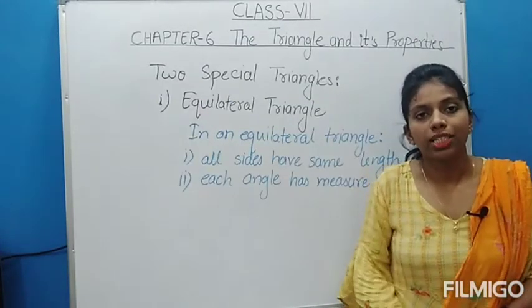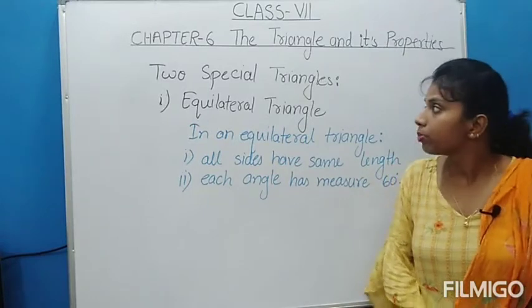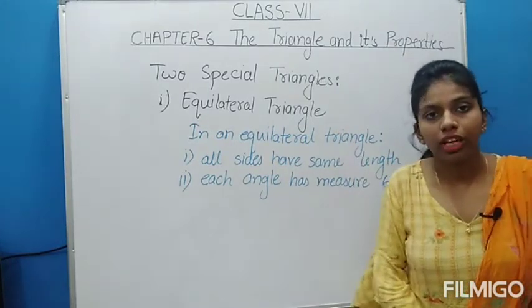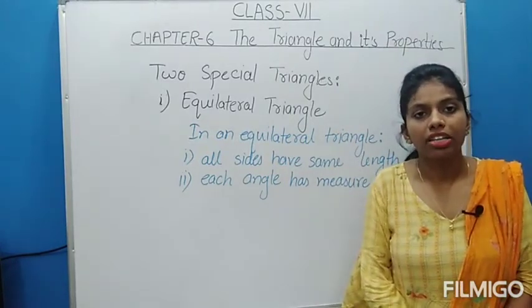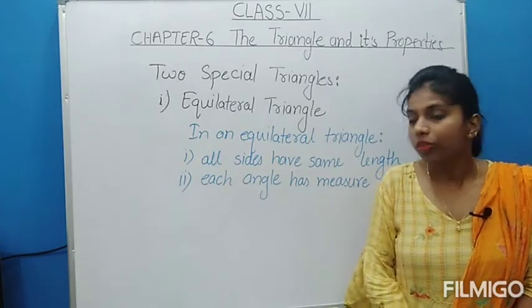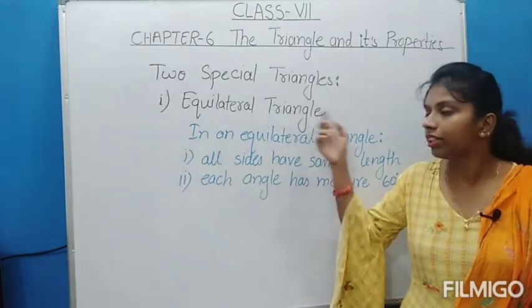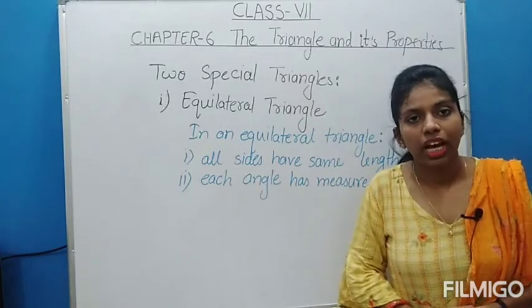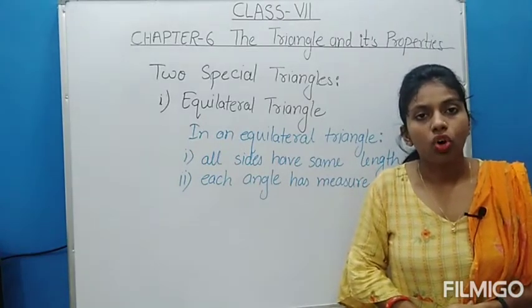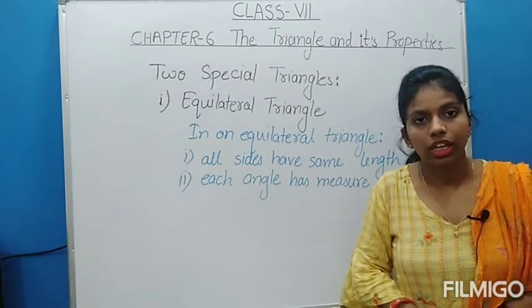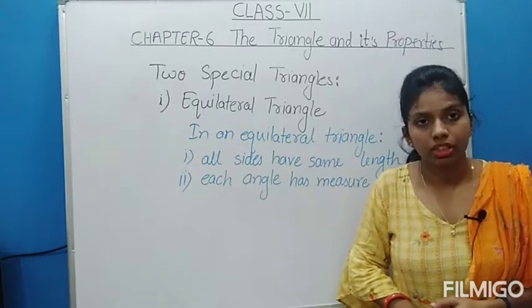Now I am going to explain two special triangles, that is the equilateral triangle and the isosceles triangle. Let's first discuss the equilateral triangle. We already know that a triangle in which all sides are equal to each other is called an equilateral triangle.